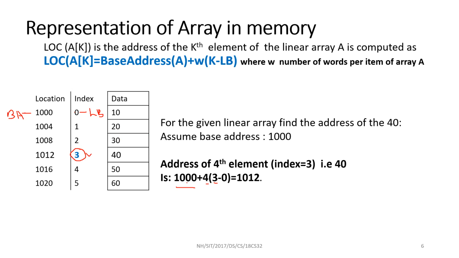So altogether 1000 plus 4 into 3, which is 1012. This is the way to compute the physical address of each element. But to compute that you should know the base address.